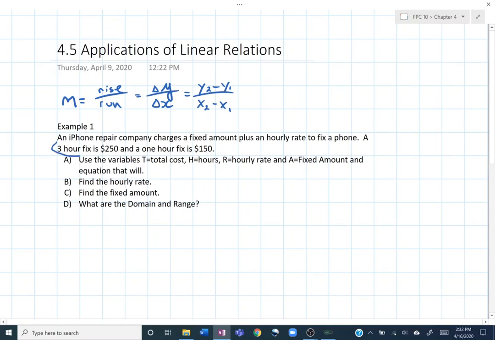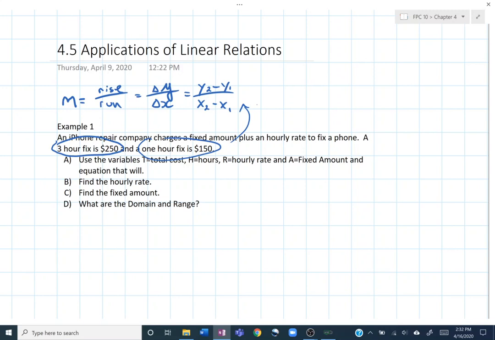So right away, I noticed that we've got these two values that live together. A 3-hour fix is $250, and a 1-hour fix is $150, which leads me to think that somewhere along the line I'll be using this form of the equation: y2 minus y1 over x2 minus x1.